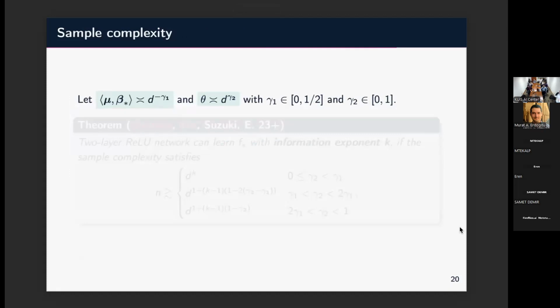The first one is gamma 1, which controls the alignment between mu and beta star. Gamma 1 equals 0 means you have perfect alignment, and gamma 1 large means you have pretty much no alignment. Gamma 2 large means you have a large spike magnitude. Gamma 2 equals 0 means you have no spike. Well, a tiny bit of spike.